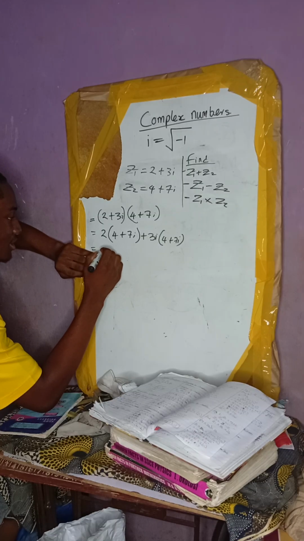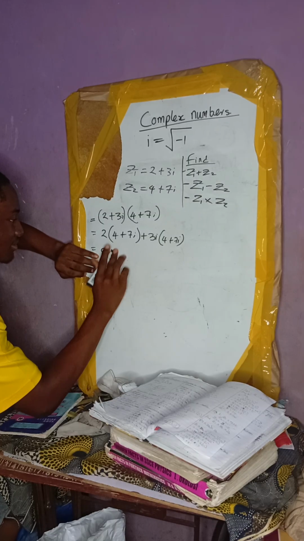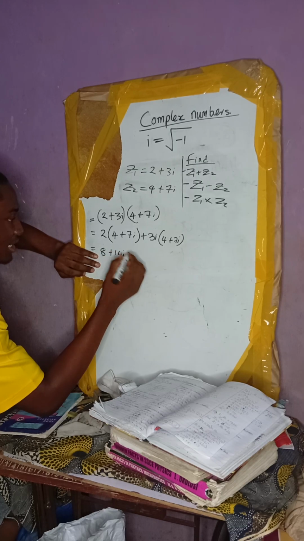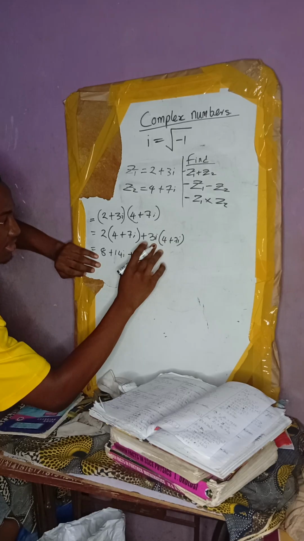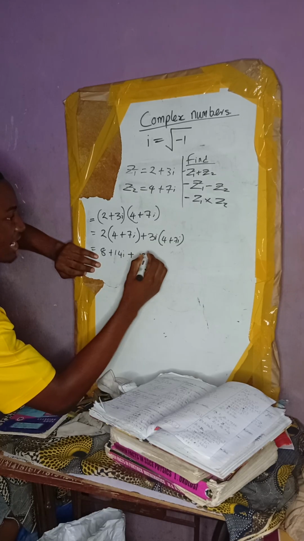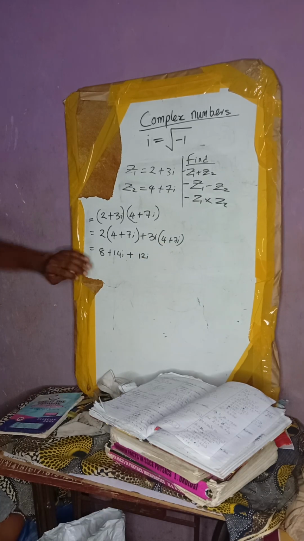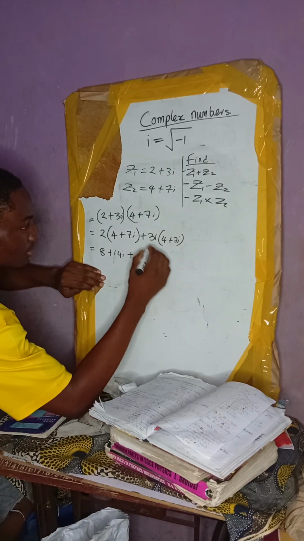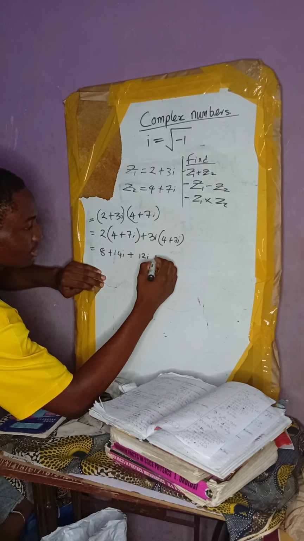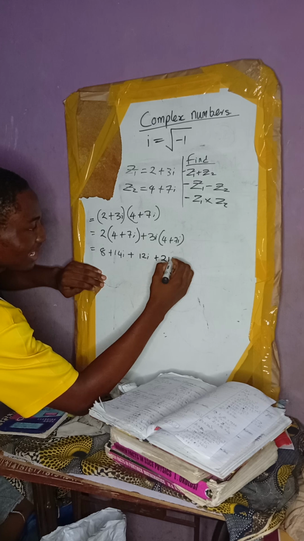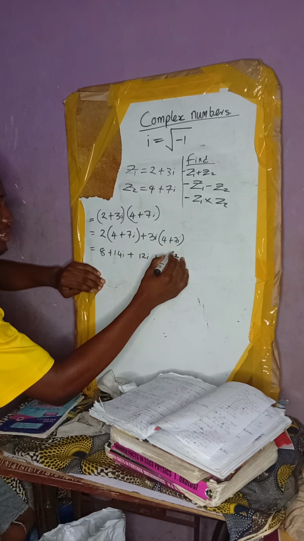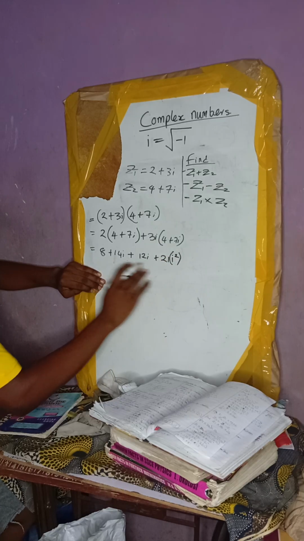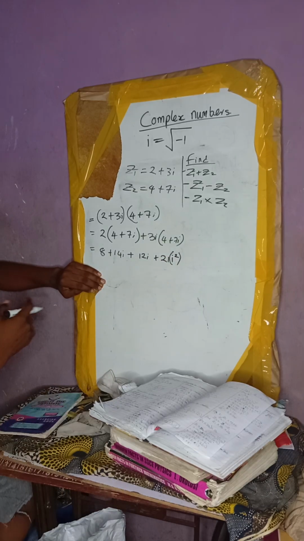Now this is going to give us 8 plus 14i plus, sorry, not 3, this will give us 12i. Let me just continue. This times this will give us 21i squared. Let me put it inside brackets so that it will not be confusing. So this is what we have.